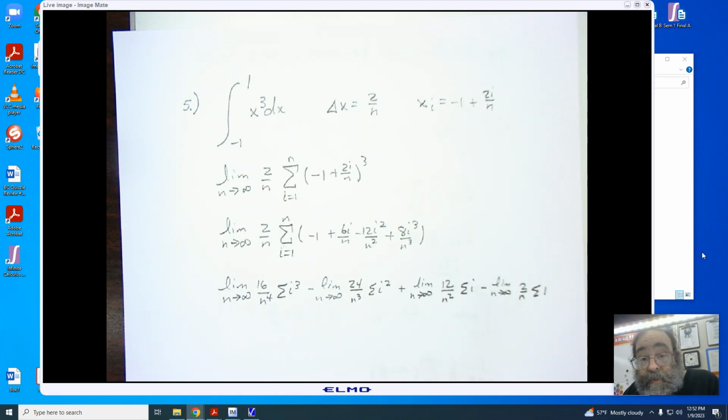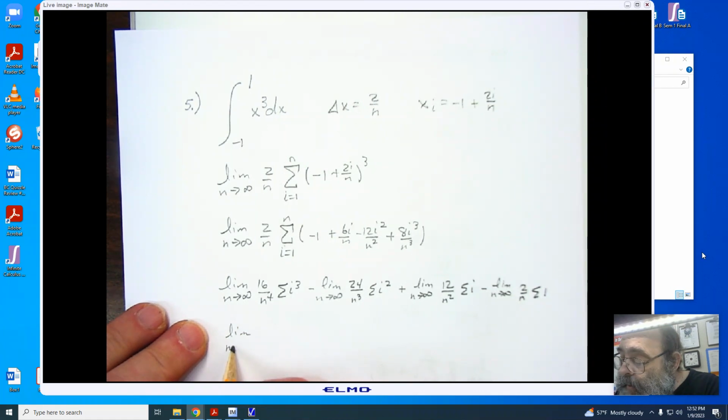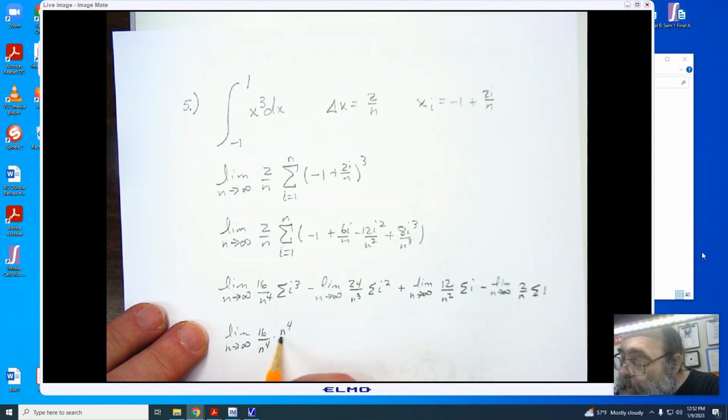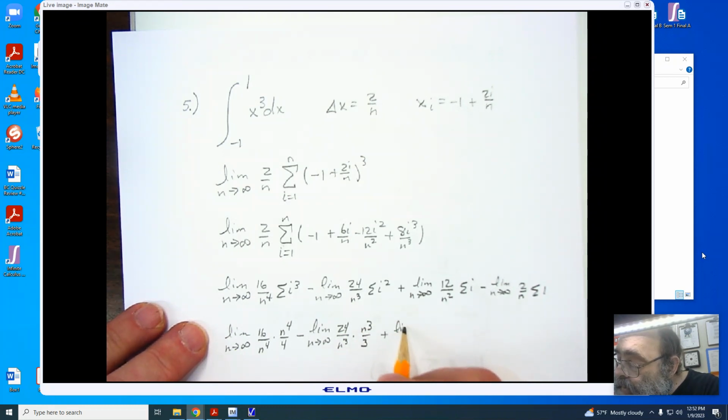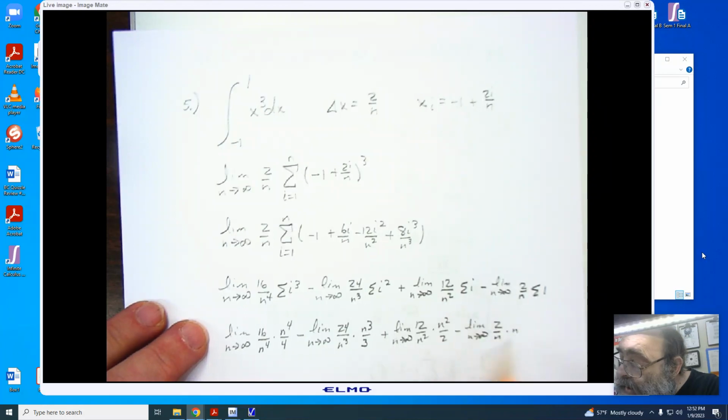Alrighty, now remember, we only want the highest powers of n, so we're looking at the limit as n approaches infinity for 16 over n to the fourth times n to the fourth over 4, minus the limit as n approaches infinity of 24 over n cubed times n cubed over 3, plus the limit as n approaches infinity for 12 over n squared times n squared over 2, minus the limit as n approaches infinity for 2 over n times n.